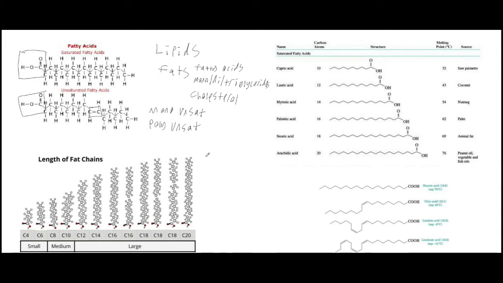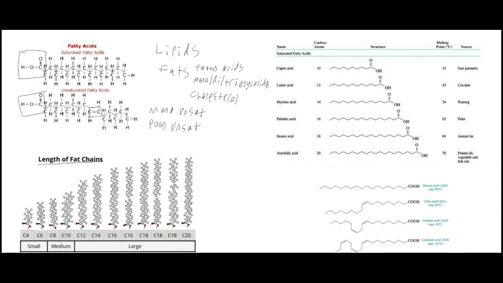The other thing that we need to know just to get started here is the length of fat chains. Most people have heard about saturated and unsaturated fats, and probably a few less people know that fats come in these different chain sizes. Each of these little gray spots is a carbon, the little white ones are hydrogens.